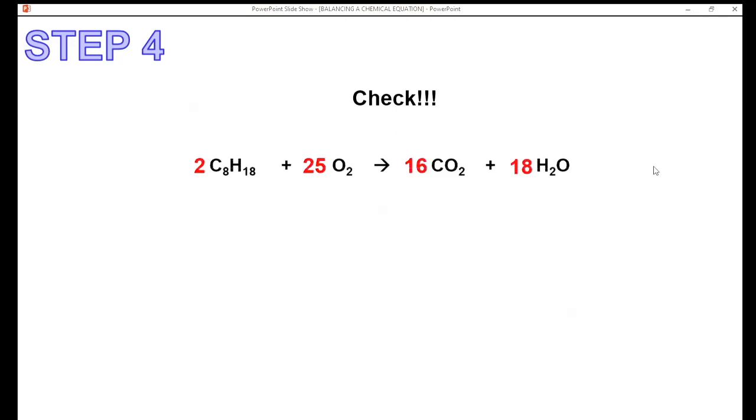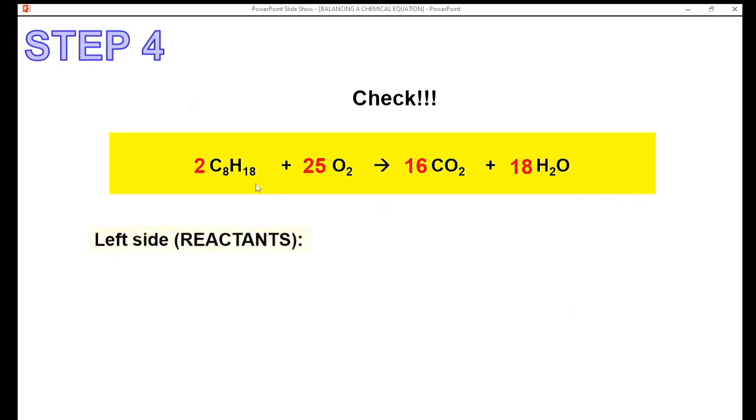Okay, step 4. In step 4, we are going to do the checking. We're going to check whether all of the atoms on the left side of the equation and on the right side of the equation are balanced or not. How do we do this checking? Based on the balanced equation just now, we're going to start with the left side, the reactant side.